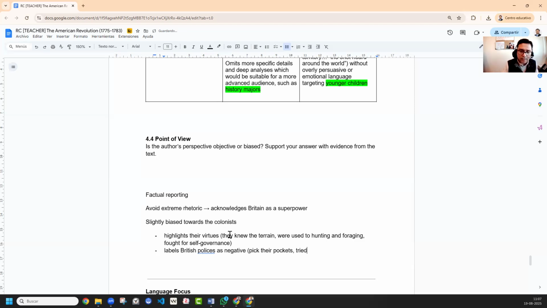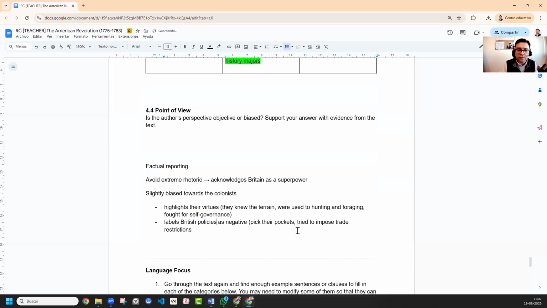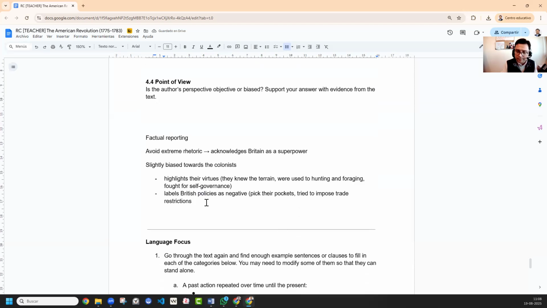Also, try to impose, the use of the verb impose, very strong verb, impose trade restrictions. No, this is policies. Try to impose trade restrictions. And mostly that.